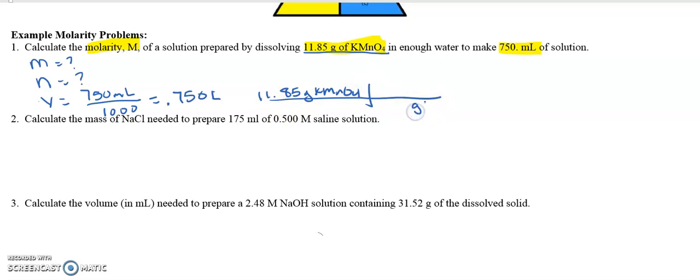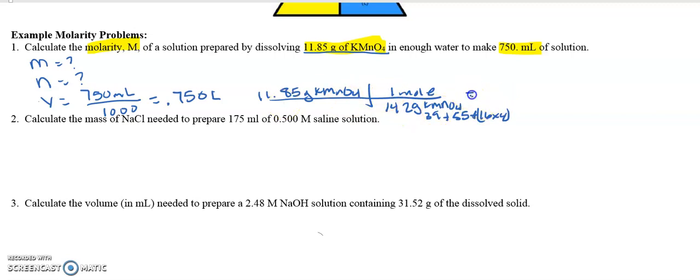So mass is on bottom, moles is on top. If I look up the mass of potassium, it is 39. So 39 plus the mass of nitrogen, which is 14, and the mass of oxygen times 4, so 16 times 4. And I get a total of 142 grams per mole.